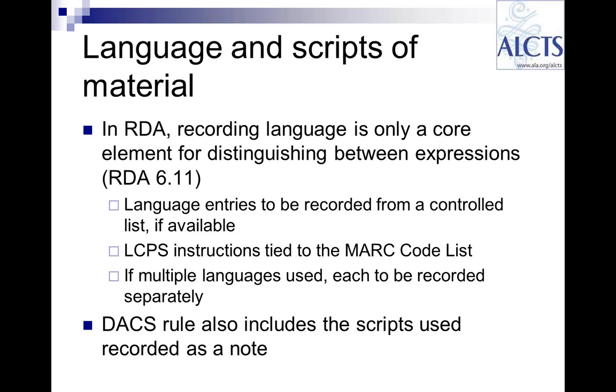The guidelines in 6.11 call for recording languages from a controlled list, recording multiple languages where those appear, and then the LC policy statement ties those entries to the MARC code list. DACS, again, builds on that slightly to require that the scripts used also be recorded as part of the description, whether you're using a Latin script, a Cyrillic script, or some other script.